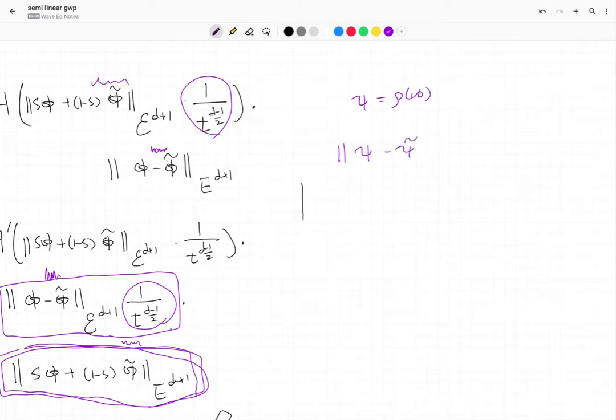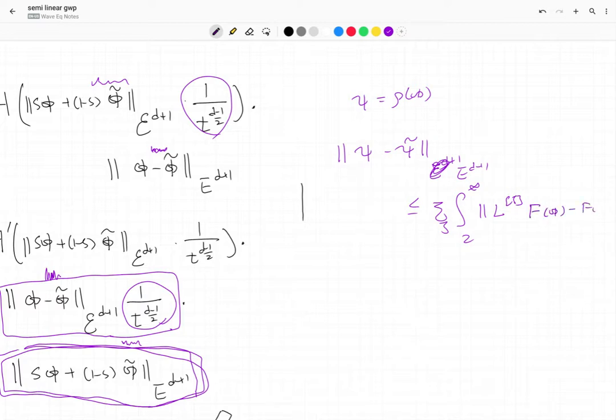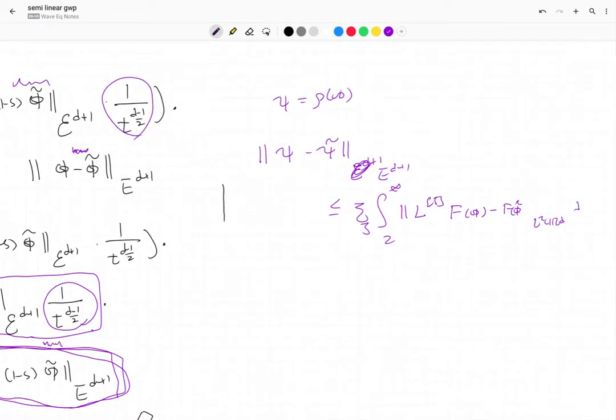If you look at this measured in E d plus 1, this is going to be bounded by the integral from 2 to infinity of the sum over j of Lj derivative acting on f of phi minus f of phi tilde, which is L2 in Rd, times dt.